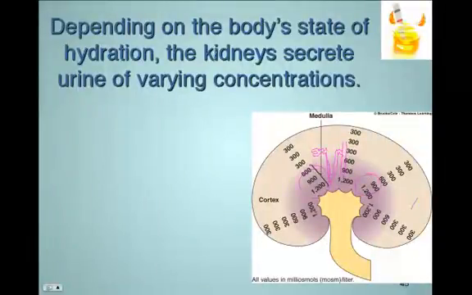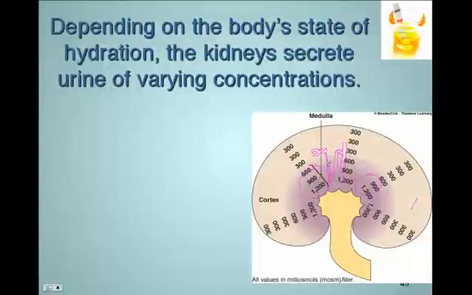Now depending upon the body's state of hydration at any point in time, the kidneys can secrete urine of varying concentrations. That's because the concentrations that we find in the interstitium and also inside the filtrate are dependent upon how hydrated or how dehydrated we are. So these concentrations will vary depending upon how hydrated our body is.